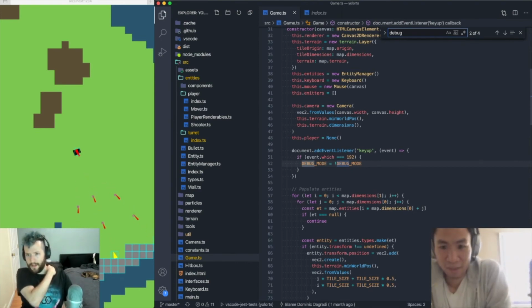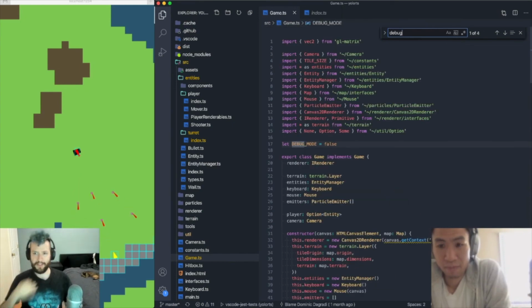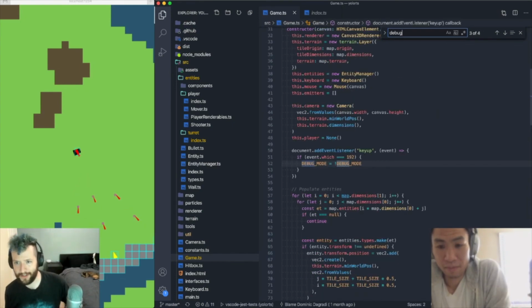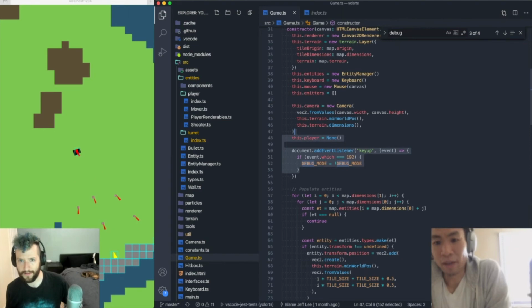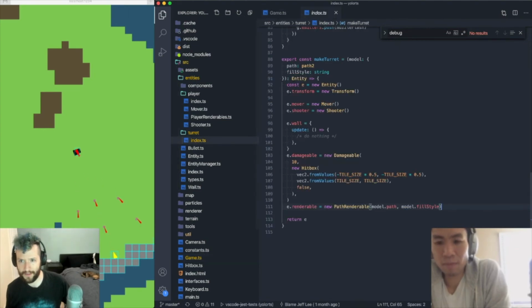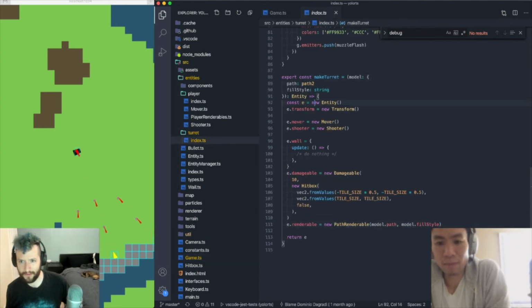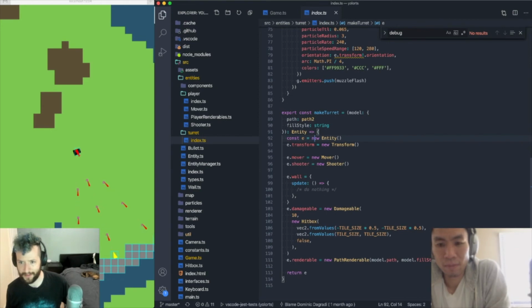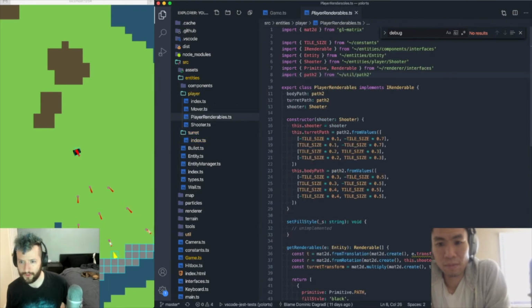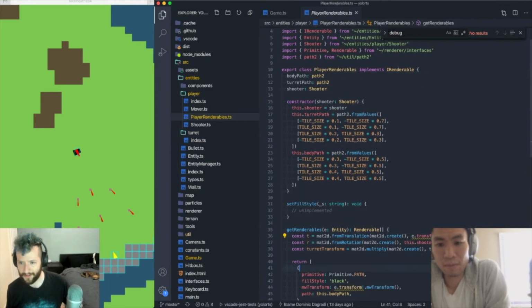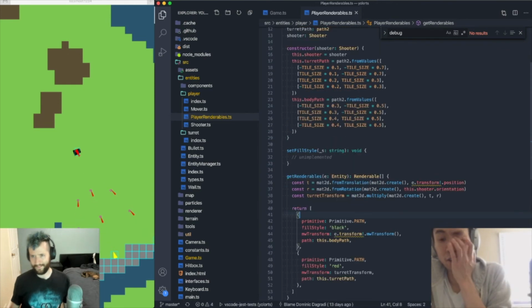Since the game is what knows about debug mode, the game just has to expose this. Yeah, I think you're right. Well, actually, I'm not sure that render gets game. It just gets entity. Interesting. Okay.